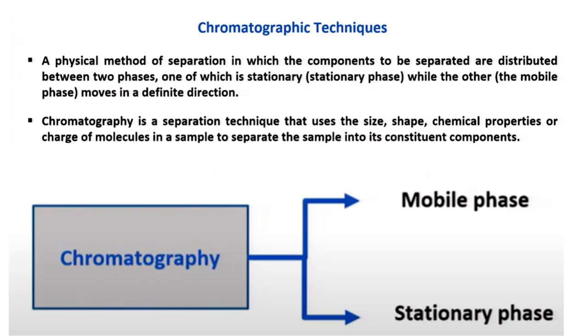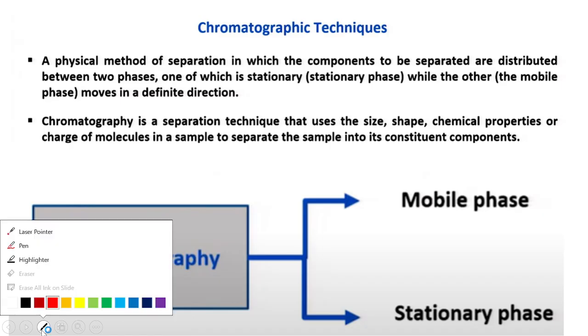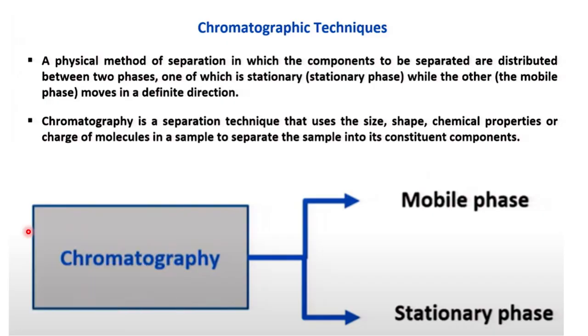Before going to details, we will discuss a few terms regarding chromatography. So what does that mean? Chromatography is a physical method of separation in which the components to be separated are distributed between two phases, one of which is called the stationary phase and the other is called the mobile phase.